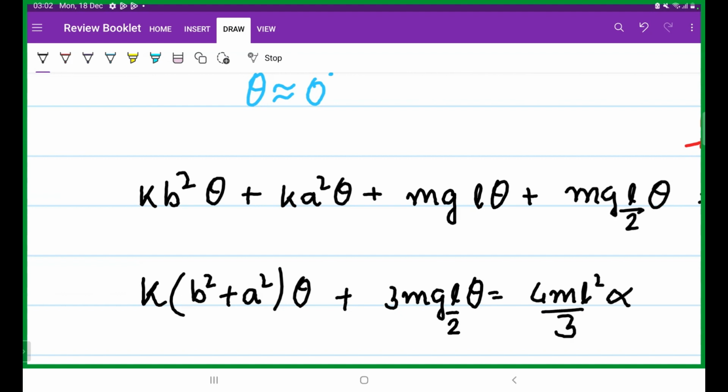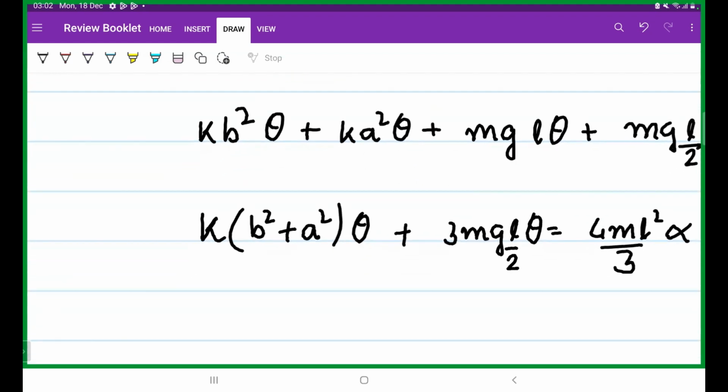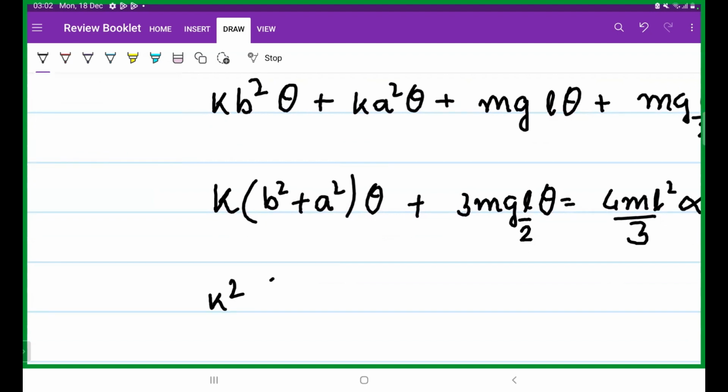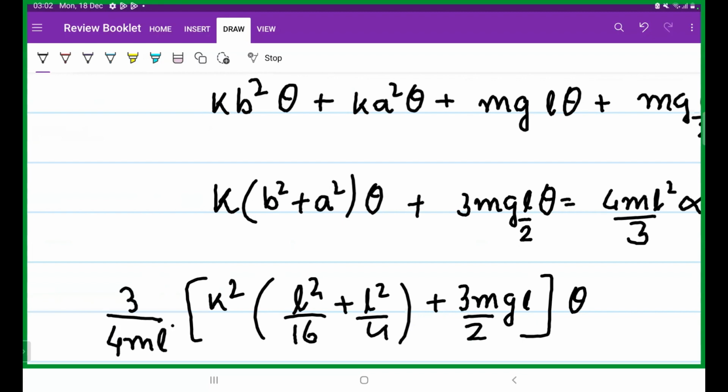Now we will be putting the values of B and A. So I think B and A are L by 2 and L by 4 respectively. So I'll just put all the values over here. This will be k, not capital L, small l square by 16 plus L square by 4 plus 3 mg L by 2, this entire thing into theta into 3 by 4 ml square, right?